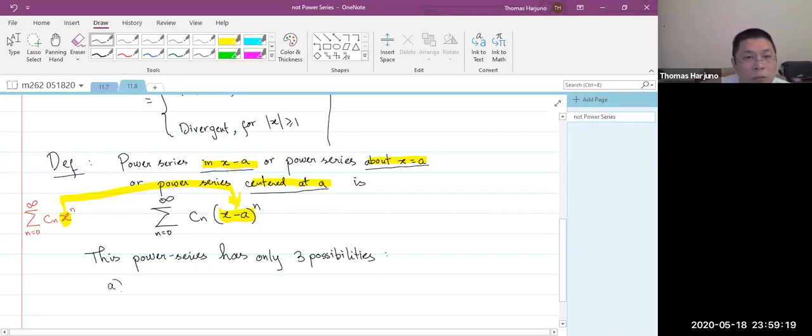First one, it's convergent at x equals a.